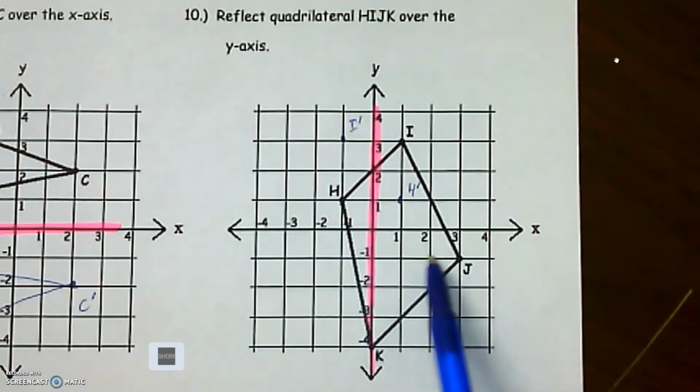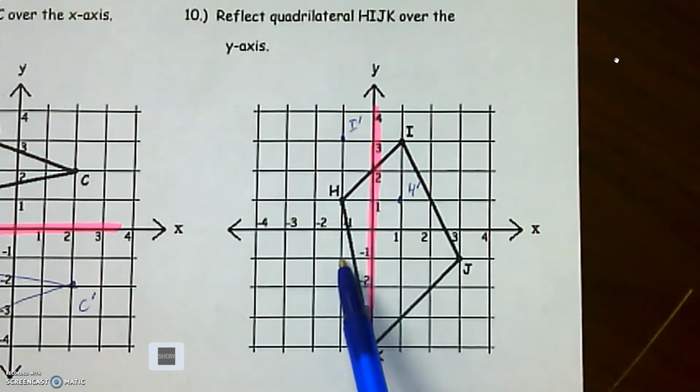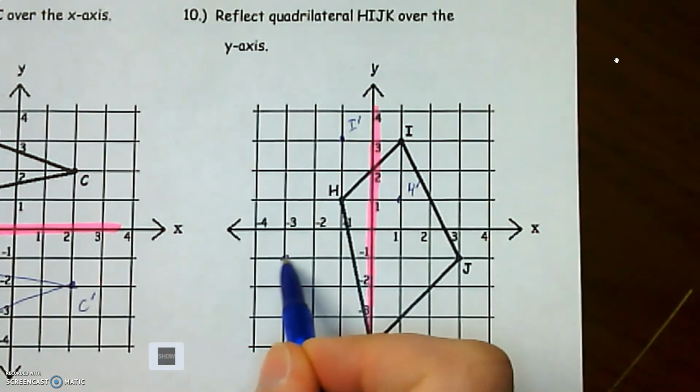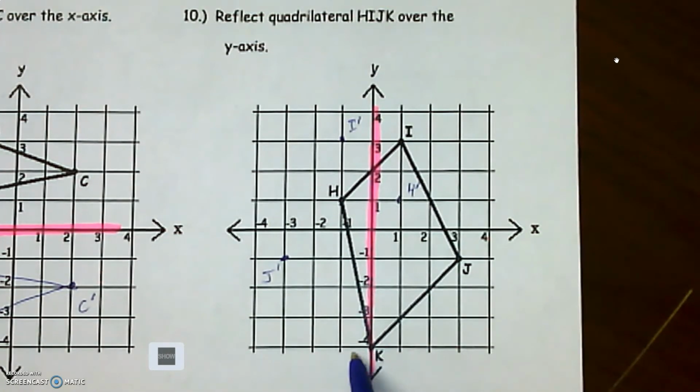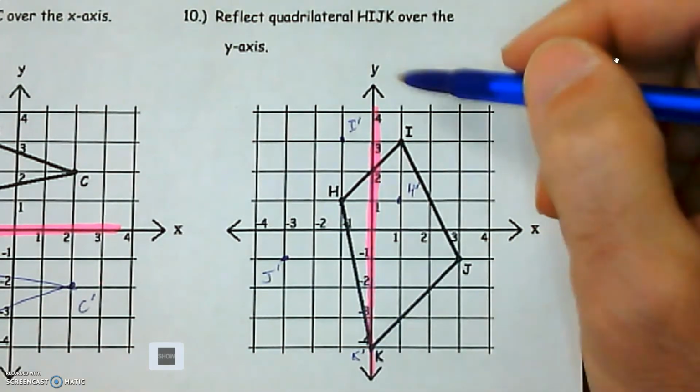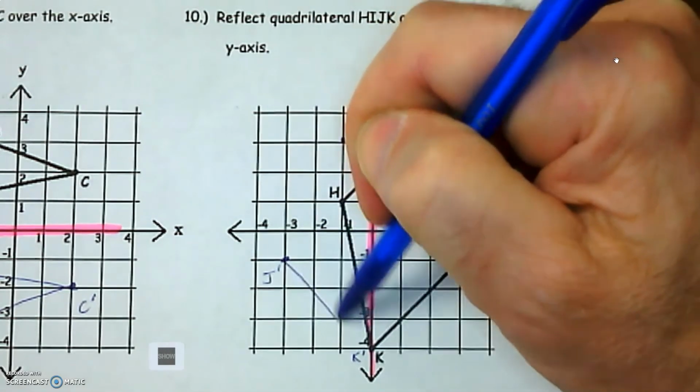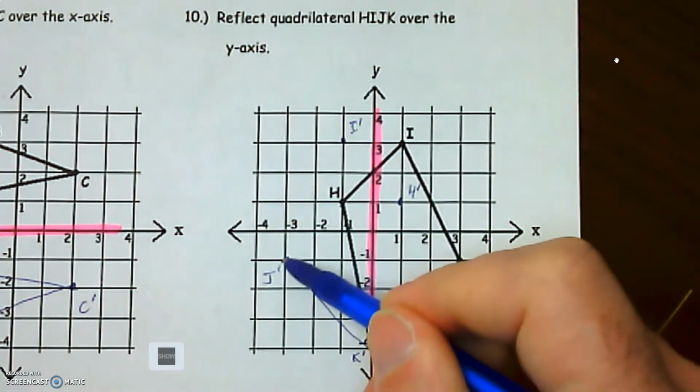And point J, 1, 2, 3, J prime, 1, 2, 3. Point K is on the line of reflection. It won't move at all. K prime will also be that same point. And you connect. This figure is a 4-sided figure, so it is a quadrilateral.